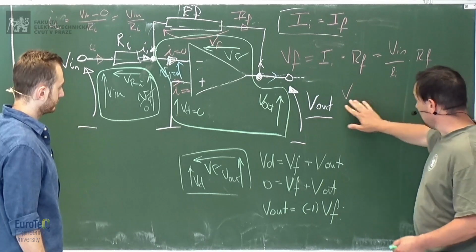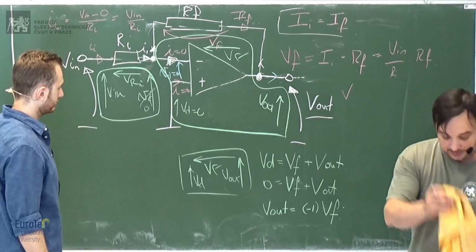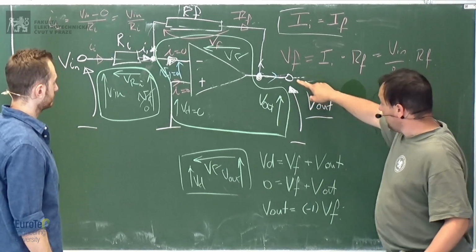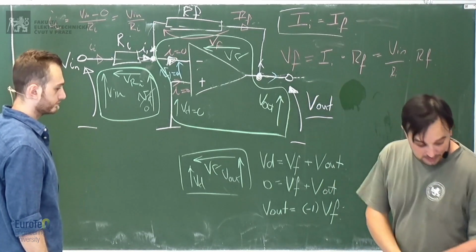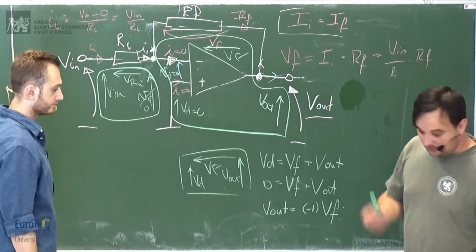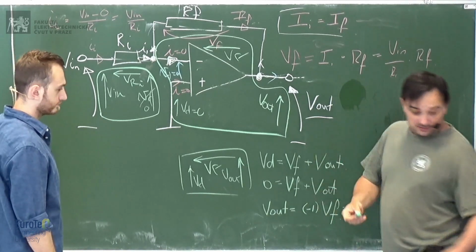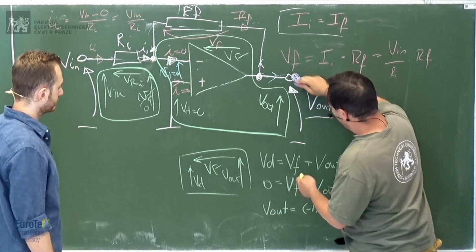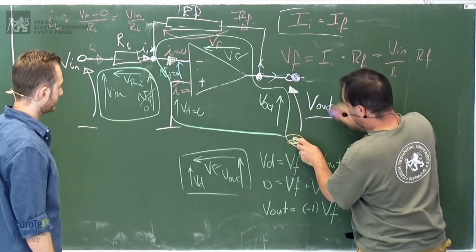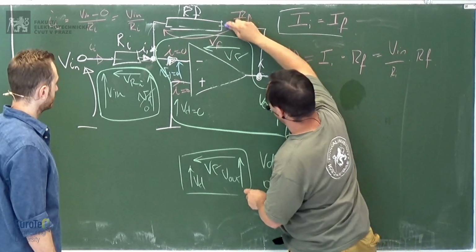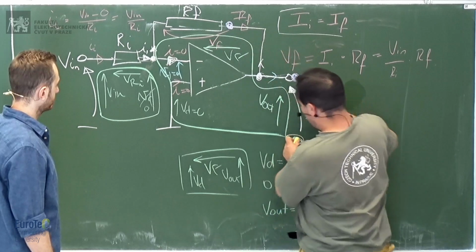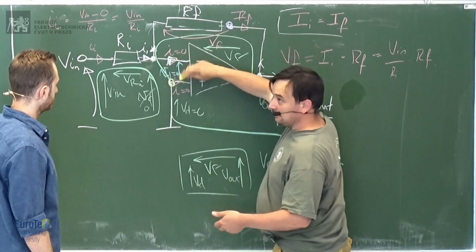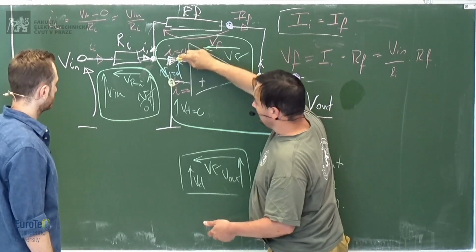So let's write it here. It's negative because, let's use the colors, purple and yellow. The purple goes here, the yellow goes here, but here there is zero difference of voltage, so it's the same potential.